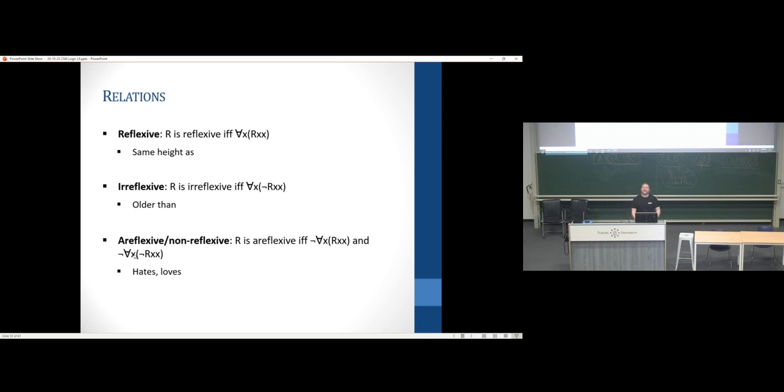So "is the same height as," if you allow for zero heights, is a reflexive relation. Everything is the same height as itself. Note, this doesn't mean you can't stand in the relation to other things, but a relation is reflexive if and only if everything in your domain stands in the relation to itself. Everything has a loop.